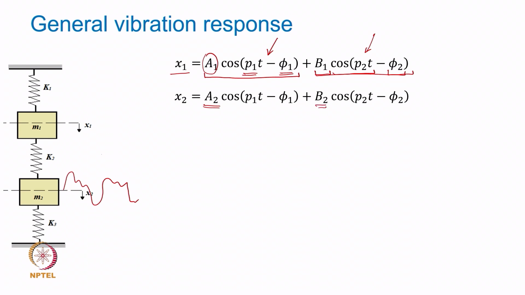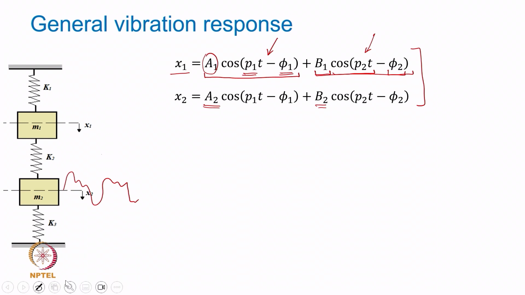And the same thing happens here as well, and these two harmonic terms will remain as they are for the first and second masses. So, the entire solution of the system as a whole will have contributions from all the possible modes of the vibratory system, and therefore, this is a generic solution or a general vibration response to arbitrary initial conditions. Okay.